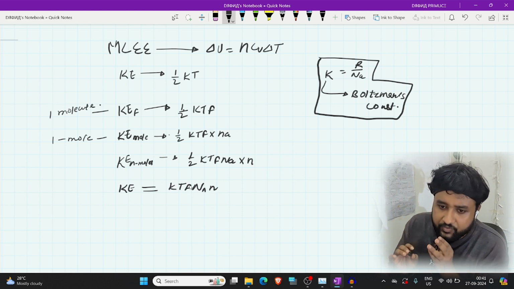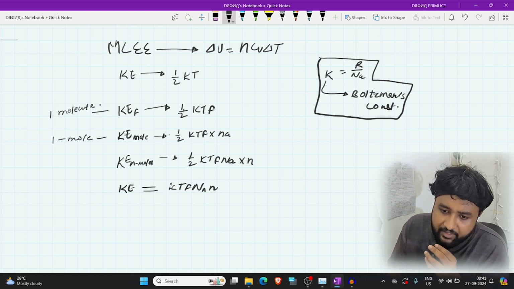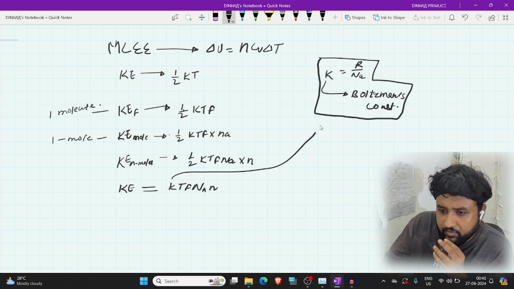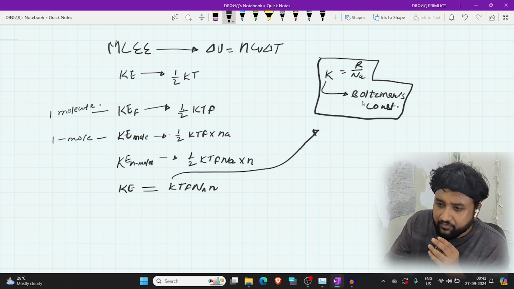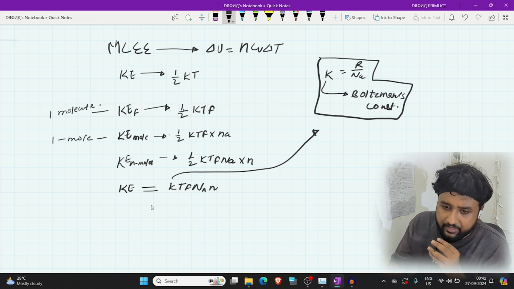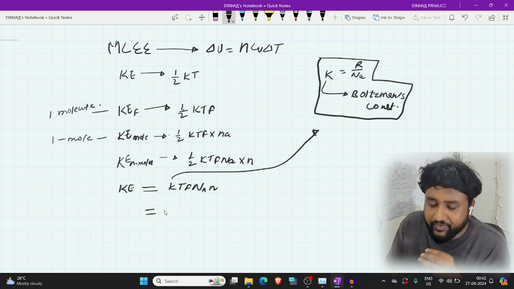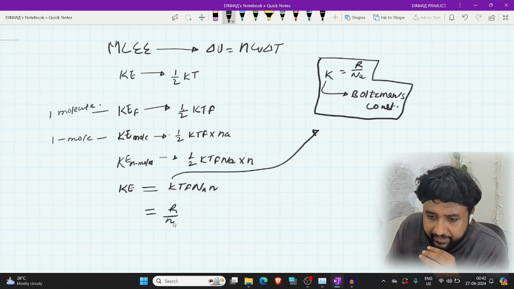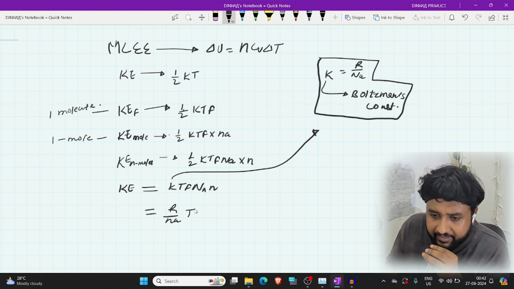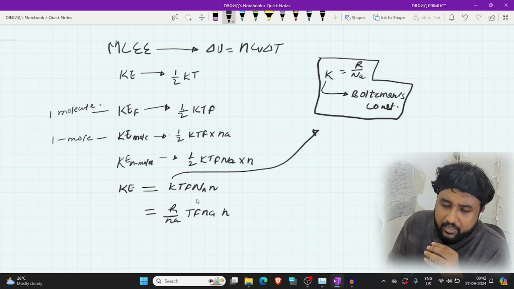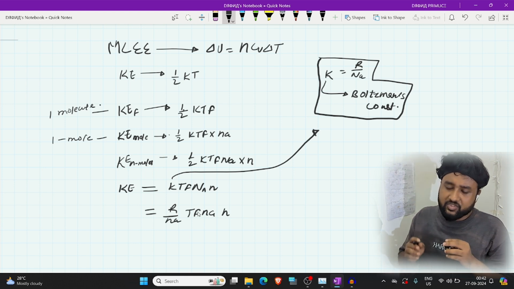Okay, now the twist comes. We know the value of K here. K can be substituted with R by Na. Let's see what happens. We can write R by Na into T F Na into n. Don't get confused between capital N and small n.